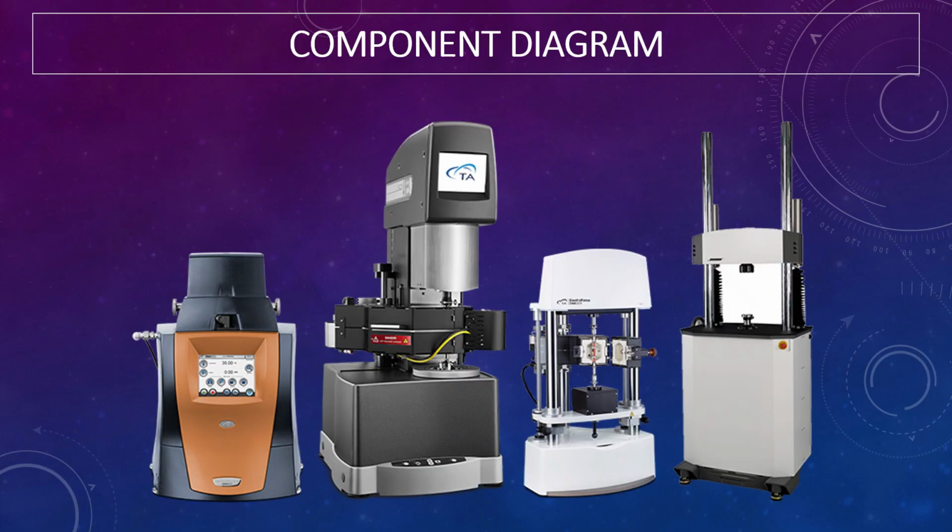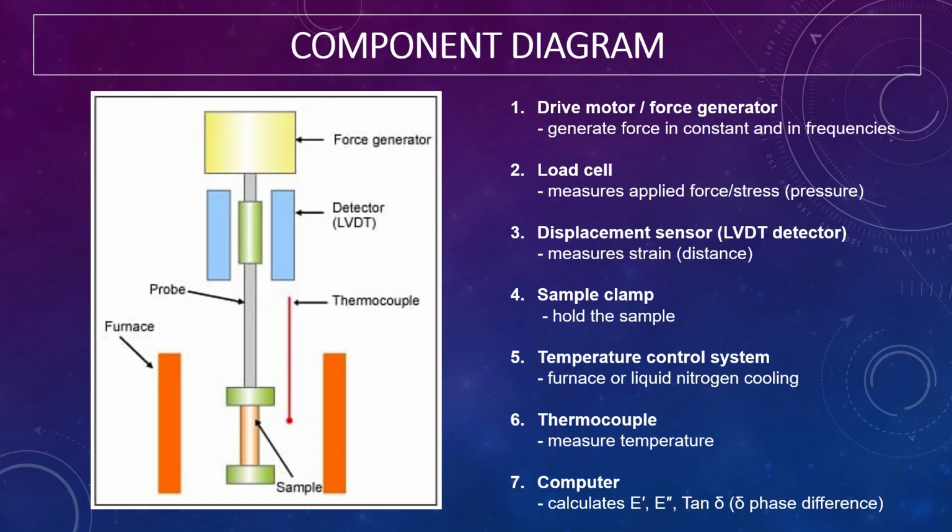Here's a diagram showing a DMA machine. The components of DMA consist of a drive motor or force generator, which generates force at constant value or at frequencies, and then a load cell, which measures applied force, stress, or pressure, and a displacement sensor, usually an LVDT detector, which measures strain, which is distance.